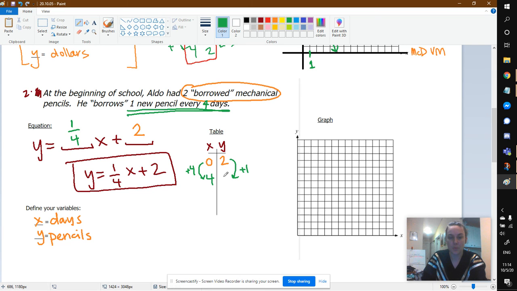So our next x is 4 and our next pencil is 1, or sorry, 1 more, so 3. If we want to get another point on the table, we add 4 days. We add 1 pencil. And again, we can add 4 days and add 1 pencil as many times as we want.